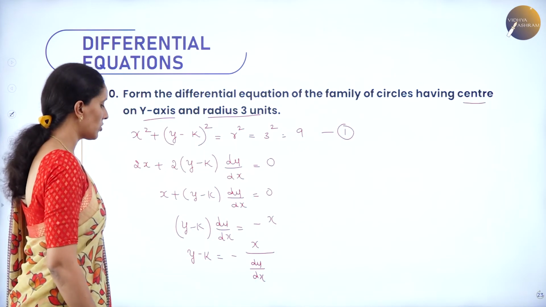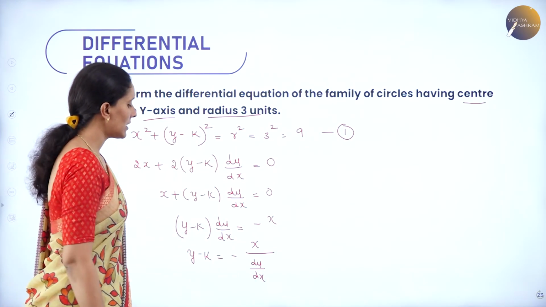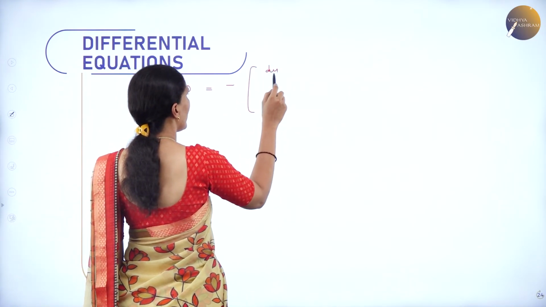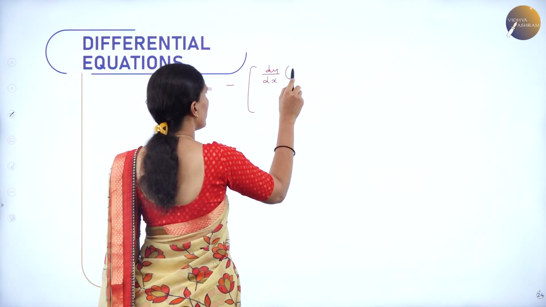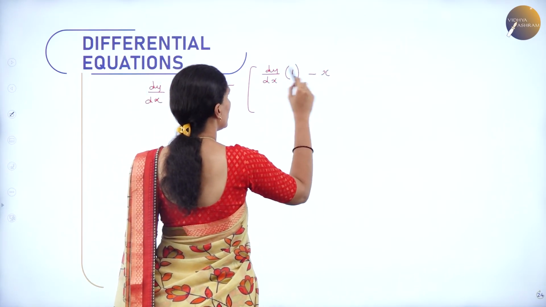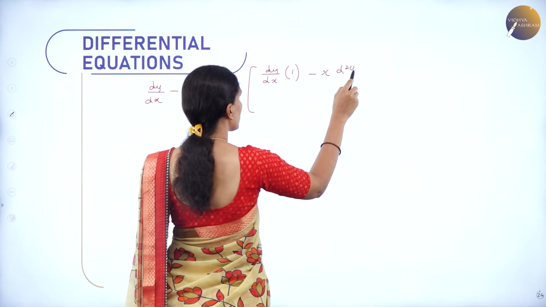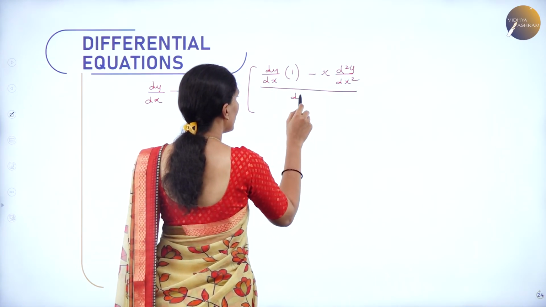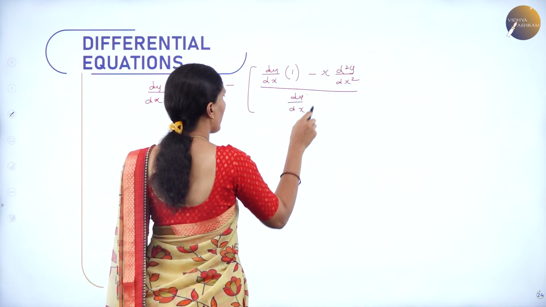So, we have two functions here, one is x, another one is dy by dx. Let us apply the quotient rule. So, dy by dx into differentiation of x, which is 1, minus x into derivative of dy by dx, which is d square y by dx square, whole divided by dy by dx whole square.